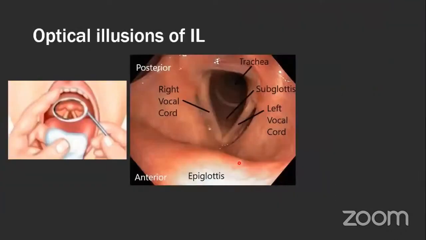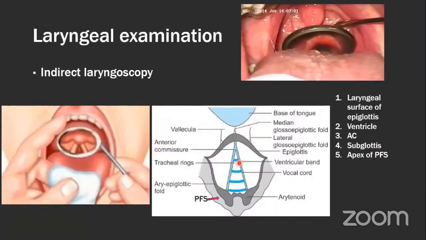So the question will be, what are the blind areas of the larynx on indirect laryngoscopy? One is the laryngeal surface of the epiglottis. And second is the laryngeal ventricle. The ventricle is an area between the false cord and the true cord. So that part you cannot see. The anterior commissure you will not be seeing in an indirect laryngoscopy. That is another blind area.